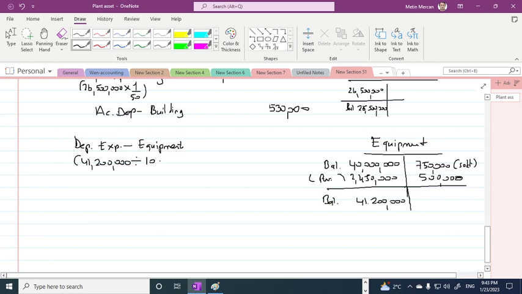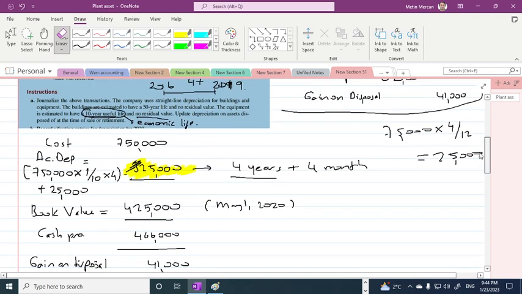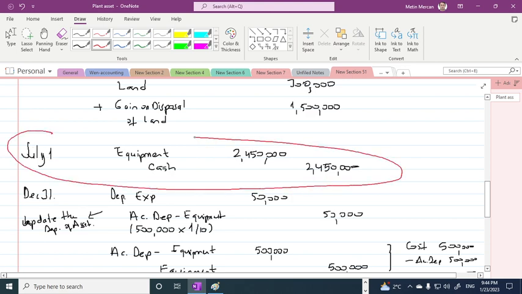But also one thing we forget. Okay, we have $41,200,000 of equipment, right? But the equipment is purchased... when it's purchased, you see, this equipment is purchased from July 1.